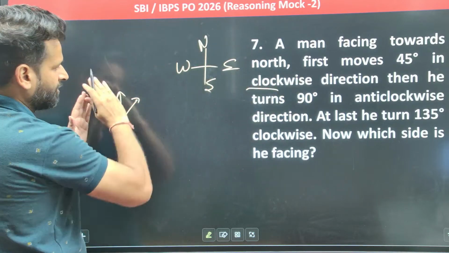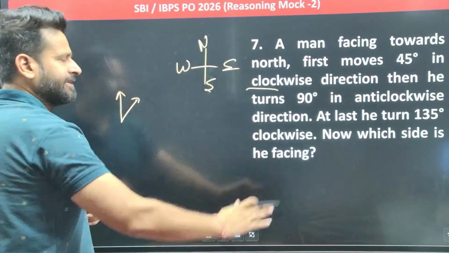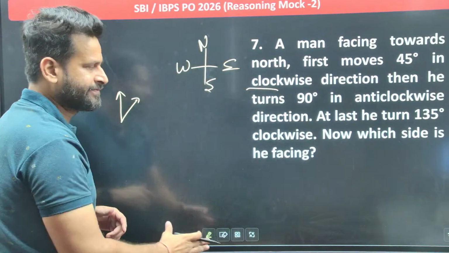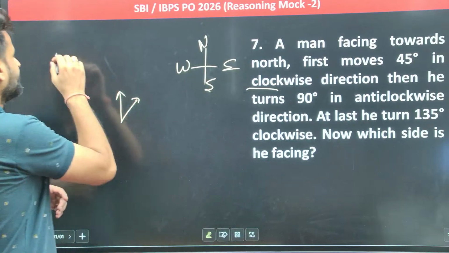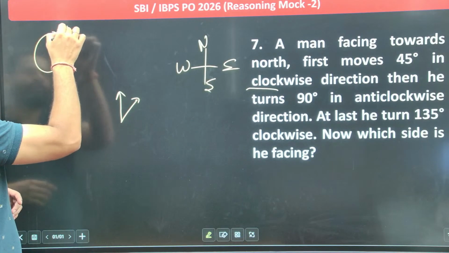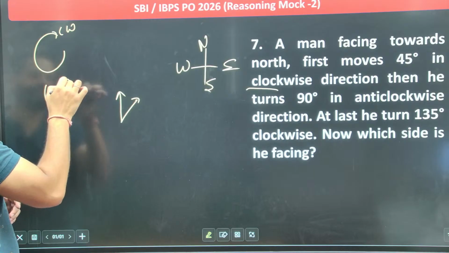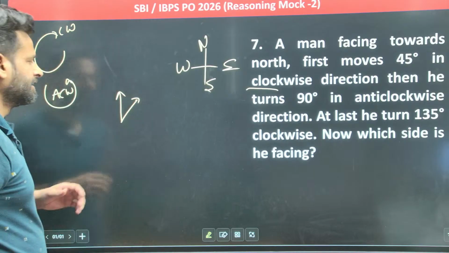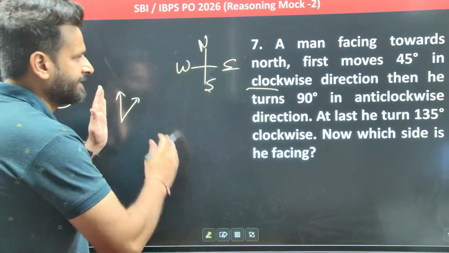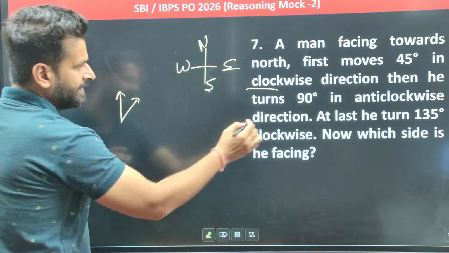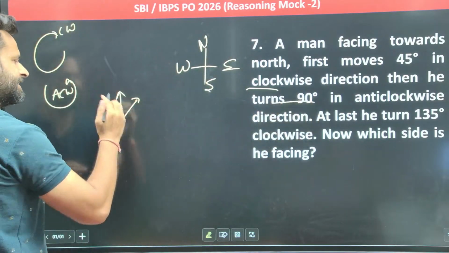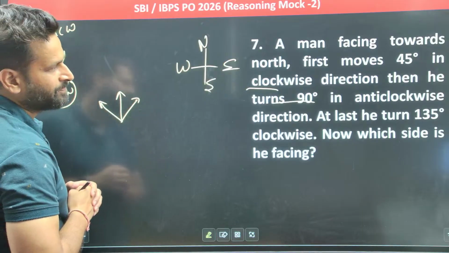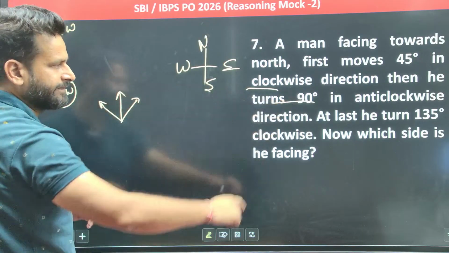This is my clockwise direction, the direction in which the hands of a clock move. This is my anti-clockwise, right? This is my clockwise and this is my ACW anti-clockwise. So initially I am facing in north direction, 45 degree in clockwise direction, then 90 degree in anti-clockwise, 90 degree in this direction, and at last 90 plus 45, 135.